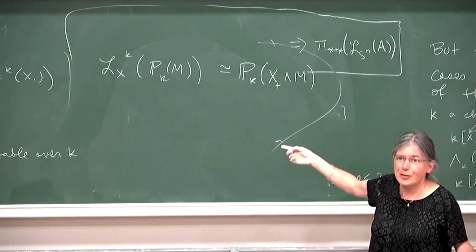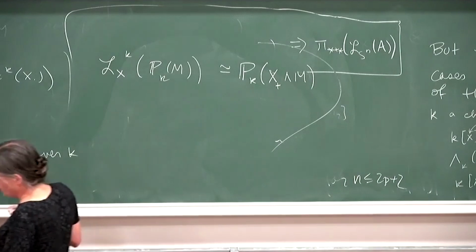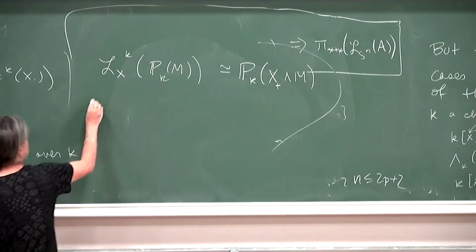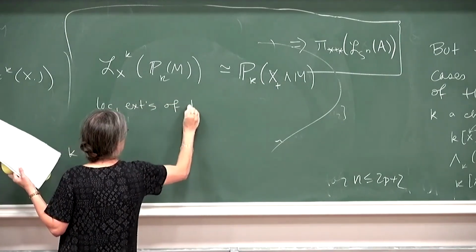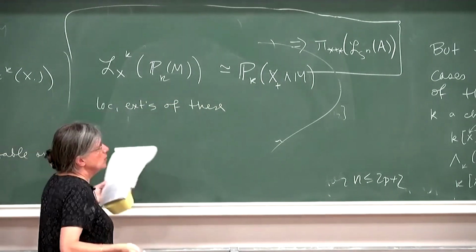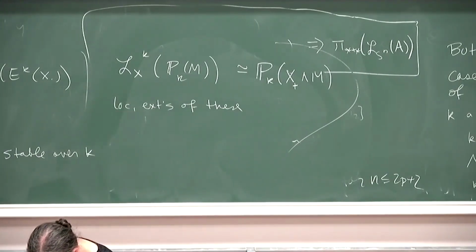So it's determined by the suspension of X. So that's good. And then we can do localizations, extensions of these. So in the discrete case, that's how Dundas and Tenti get all smooth algebras. So you can do stuff.